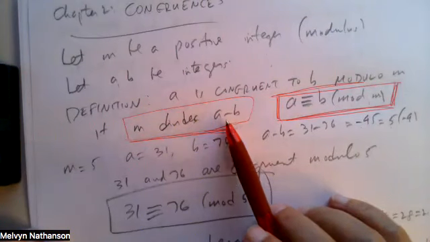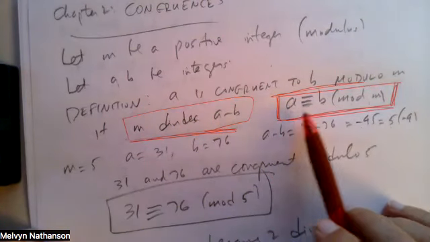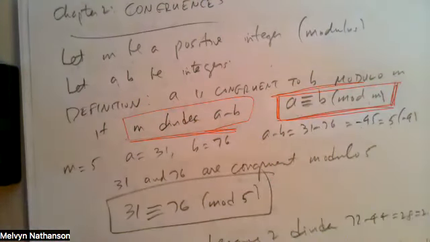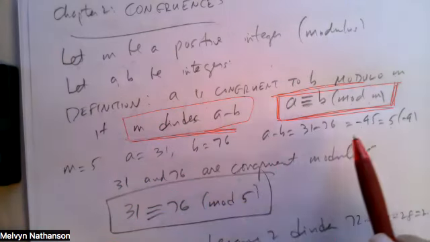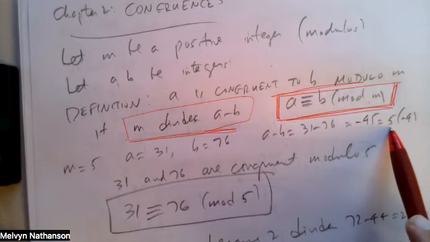If M divides the difference of A and B, then we say A is congruent to B mod M. So 31 is congruent to 76 mod 5, because the difference is minus 45, which is a multiple of 5.